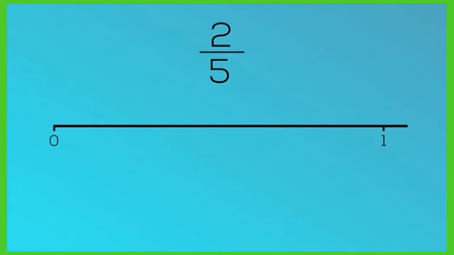The denominator is 5, which tells us that the whole has been split into 5 equal parts. Let's divide the whole on our number line into 5 equal parts. Now our numerator tells us that we have 2/5. Let's count along. 1/5, 2/5. We have found 2/5 on the number line.